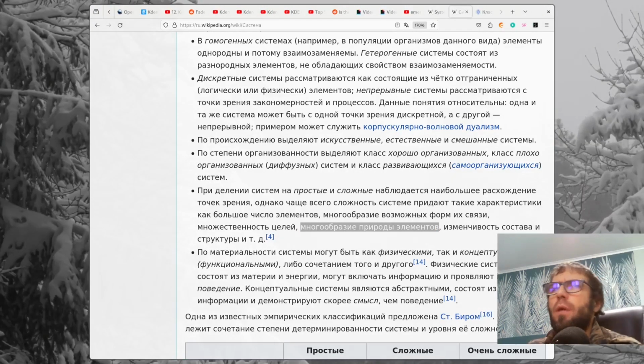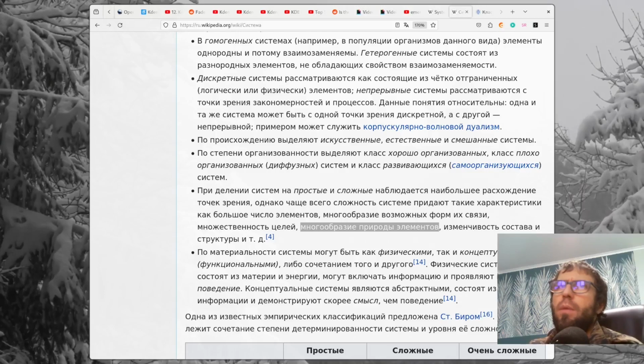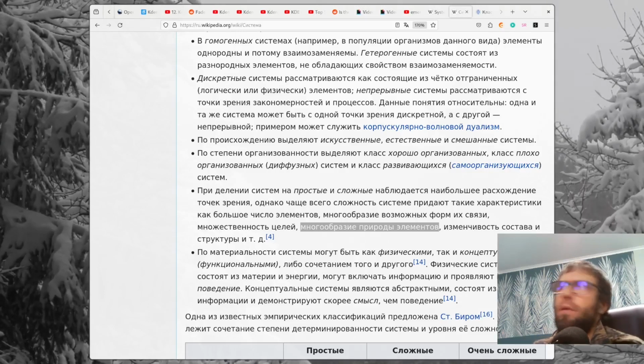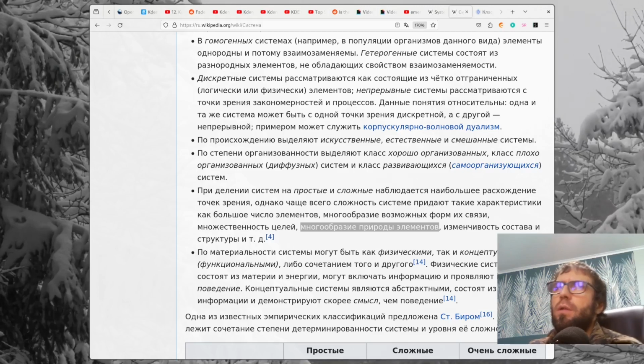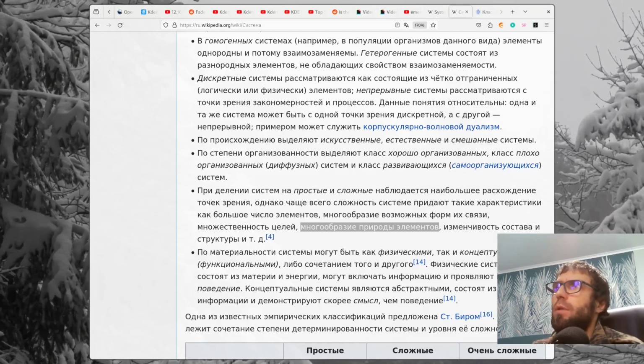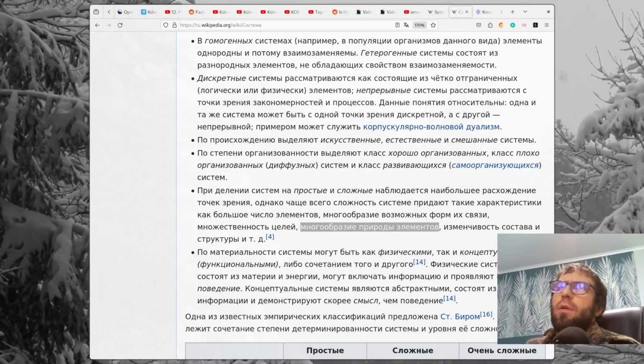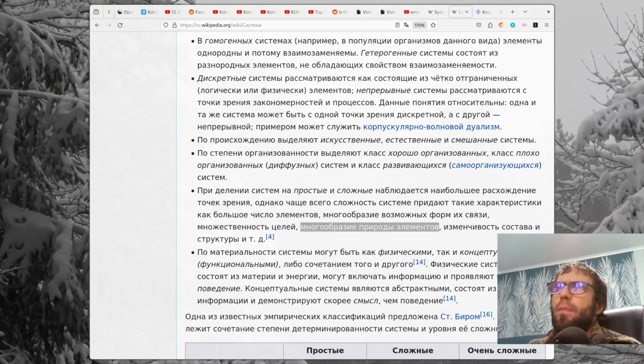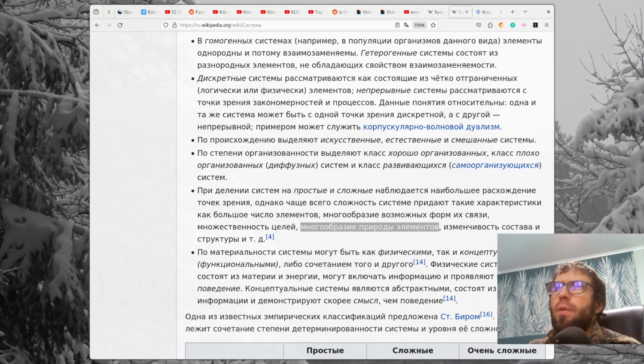Also, we can classify systems into material systems, which are very physical, and conceptual systems. These conceptual systems exist only in our brain, like Platonic ideas, and all systems can be some mutation or joining of these two things.